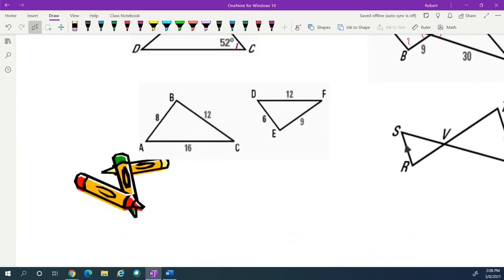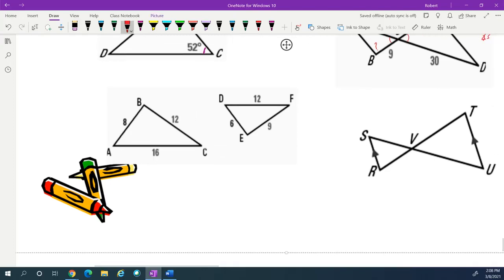We have numbers for all 3 sides, so we want to see if these are proportional. Small with small, medium with medium, large with large. I can even label it small, medium, large, small, medium, large. So I'm going to test the small and the medium.